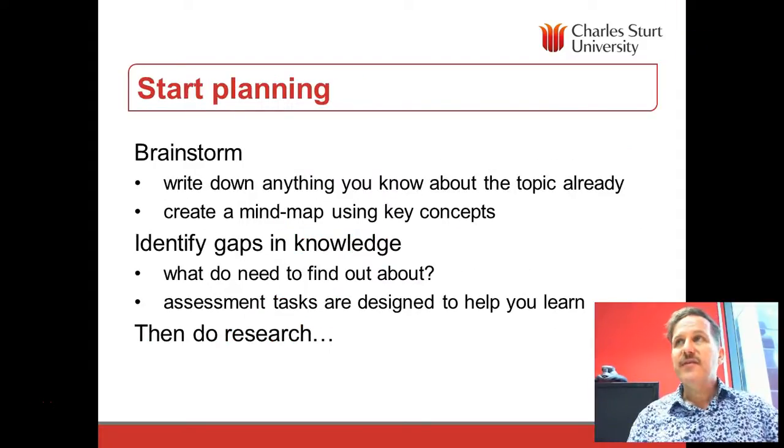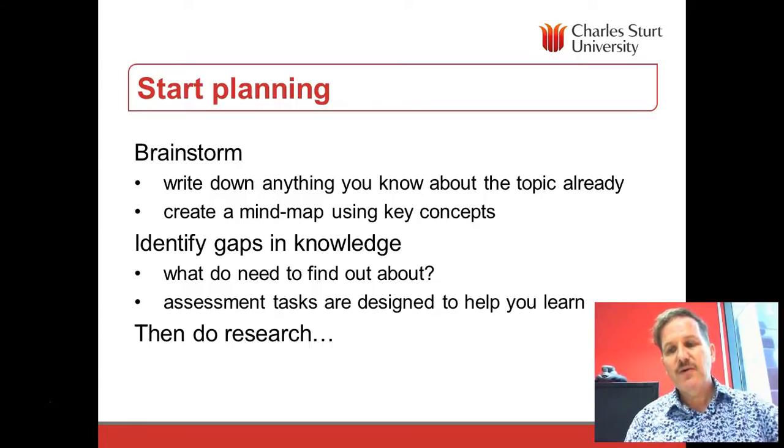You also need to start planning early, and there are lots of tricks to planning. At the very early stages, it's good to brainstorm. That means you write down anything you already know about the topic, and create a mind map using key concepts. In that assignment question we looked at before, you may know a lot about your industry in a particular market.